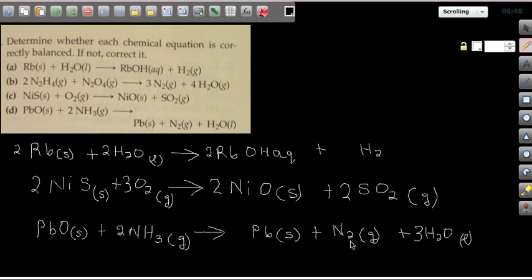Okay, so first I noticed that there's 2 nitrogen here. So I want to put 2 here to balance nitrogen. That gives me 6 hydrogen. I have to go back on the other side and put a 3 here to get my 6 hydrogen. That gives me 3 oxygen. I have to go back here and put a 3 here to balance the oxygen. That gives me 3 lead. I have to go back here and put 3 right over here.